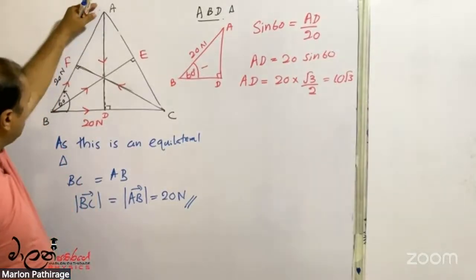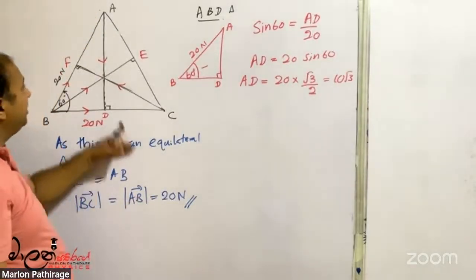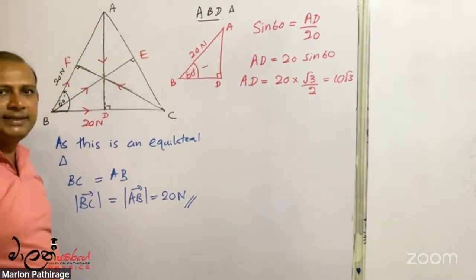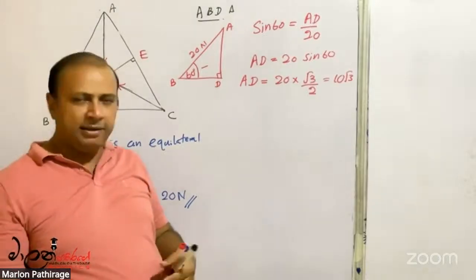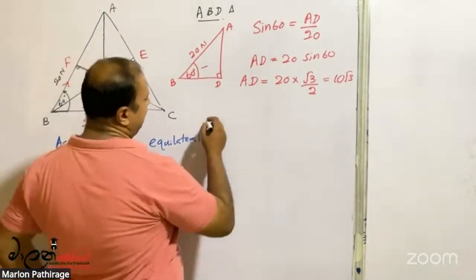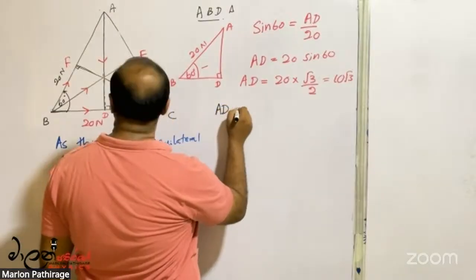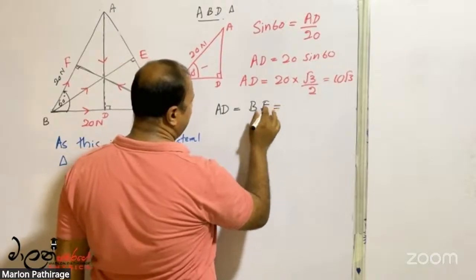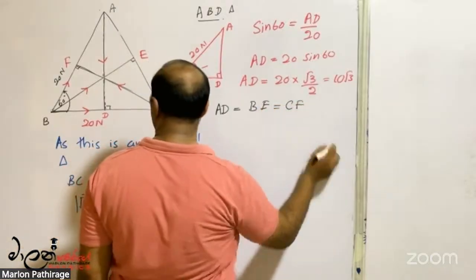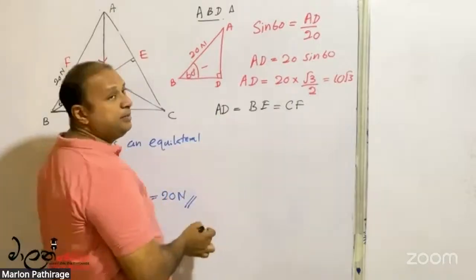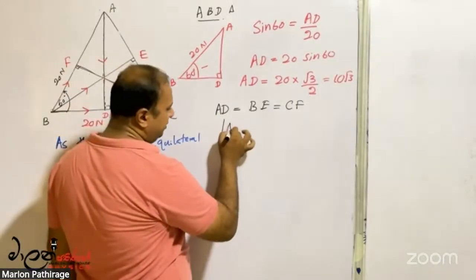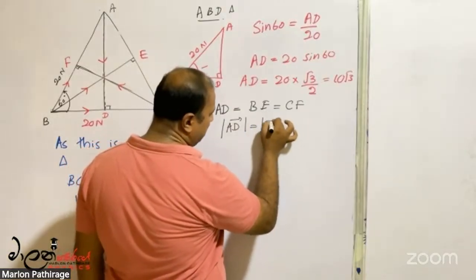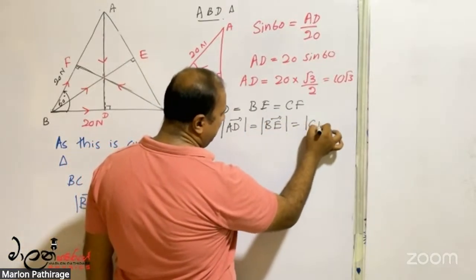And as this is an equilateral triangle, the AD length is equal to the BE and CF heights. Therefore, the magnitude of AD vector is equal to the magnitude of BE vector and CF vector.